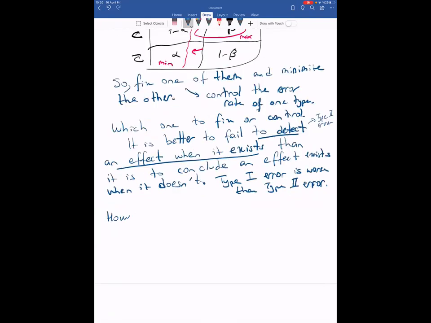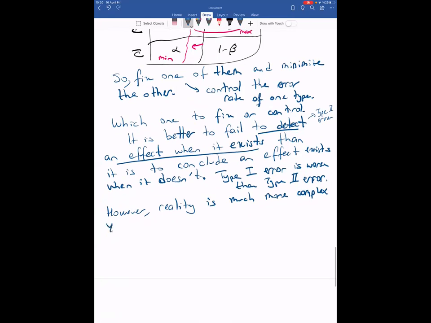However, reality is much more complex. You need to be careful about your decisions.